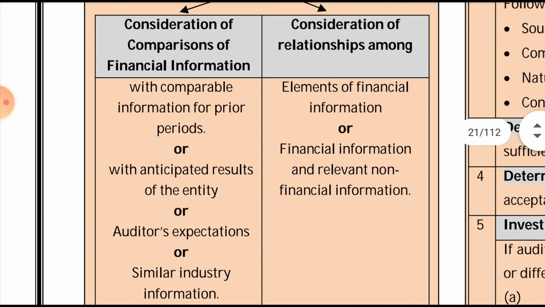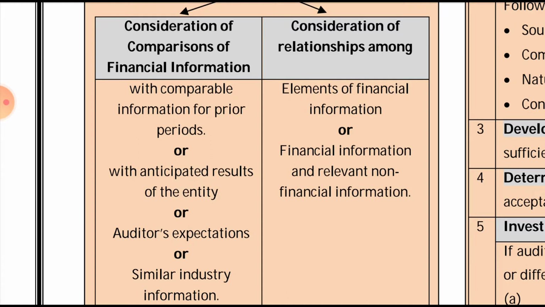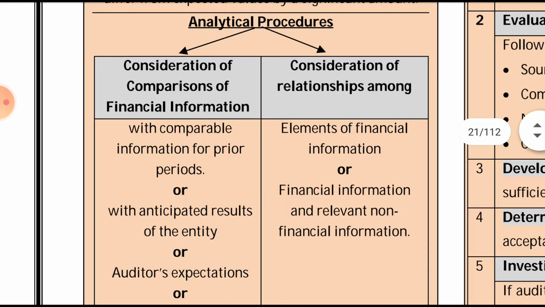That is, a comparison of the financial information with four things: comparable information of the prior period, anticipated results of the entity, the auditor's expectations, and similar industry information.